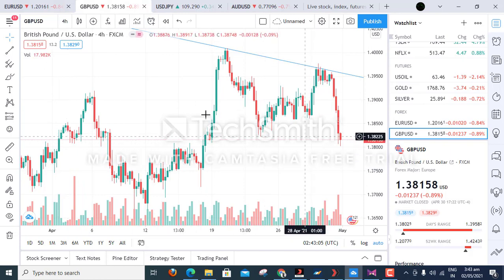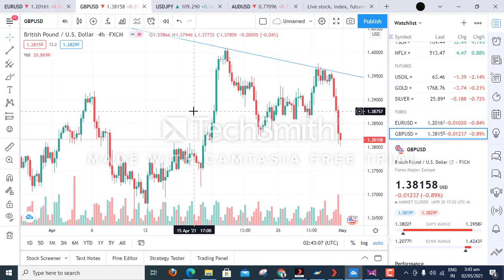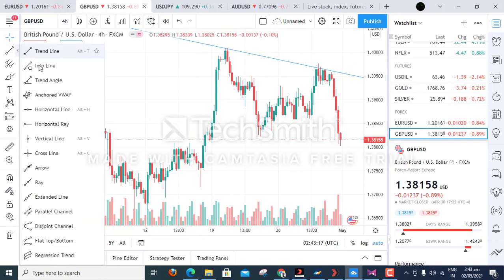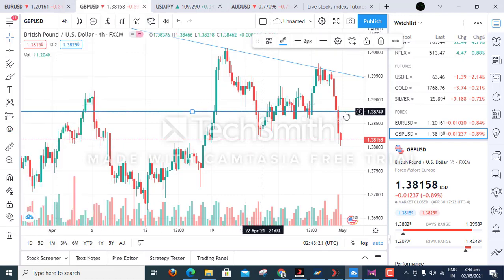So I'm expecting price to move back to the upside, at least to 1.38530. At least let me break the horizontal line. 1.38530.